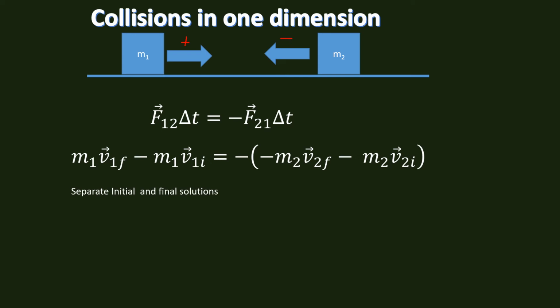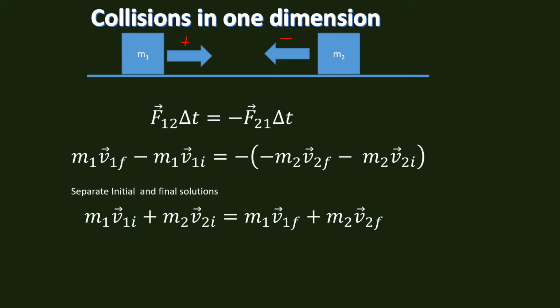So separate the initial and final conditions, okay? Here we have the general equation. On this side we have the initial conditions: momentum plus momentum, the momentum of mass 1 and the momentum of mass 2, whatever velocity they're traveling at. And then over here we have the final.